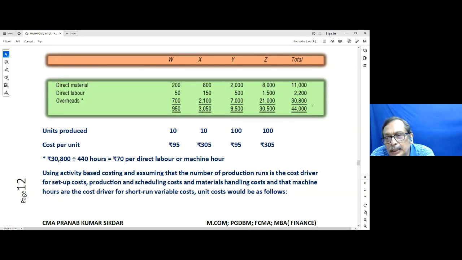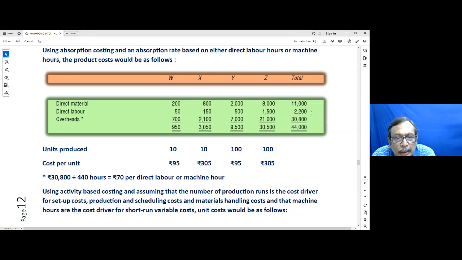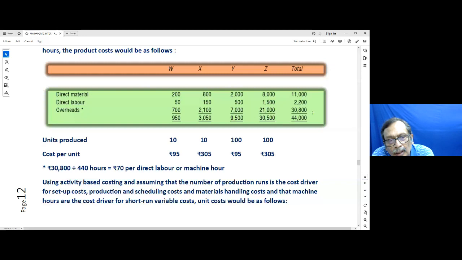So 30,800, how are you going to do it? We take 30,800 divided by total hours required for manufacturing all the units, which comes to 440 hours. That is rupees 70 per direct labor or machine hour.